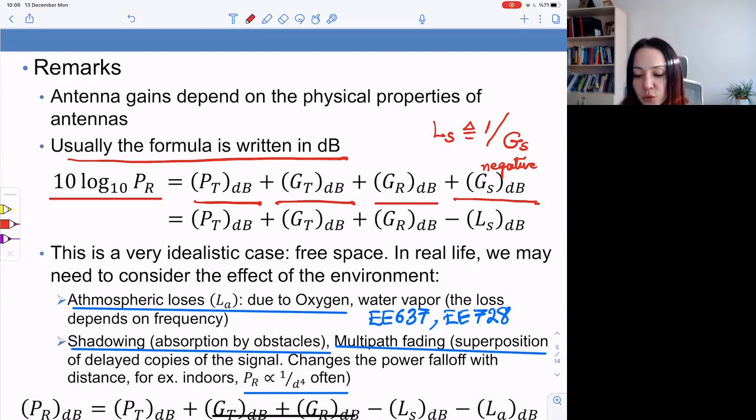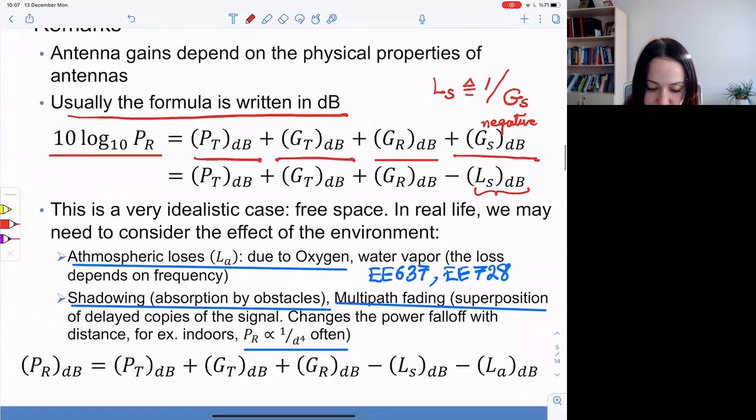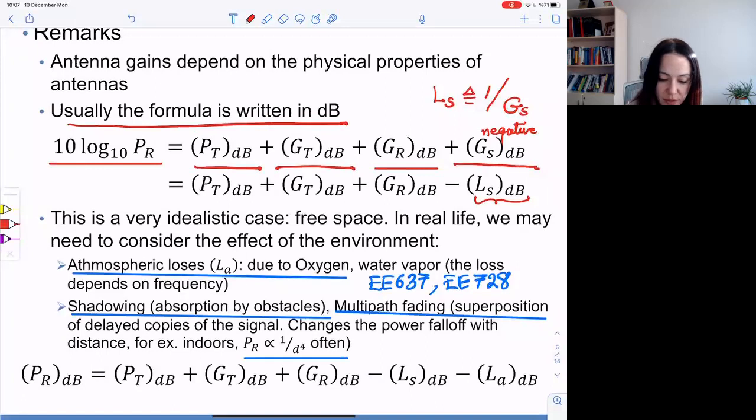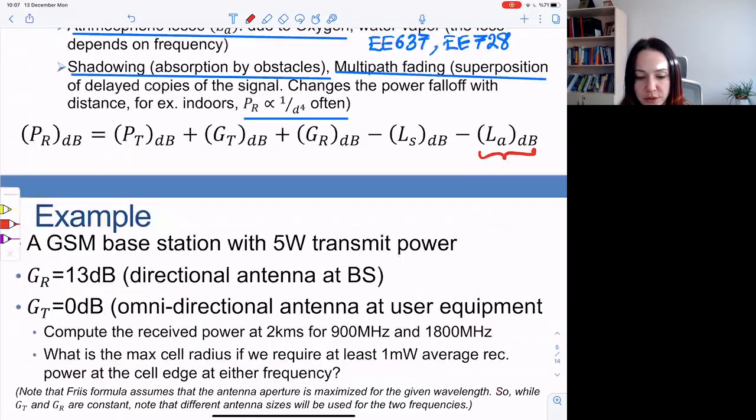If you want to see that you're subtracting a positive quantity, you can think about the free space path loss. So you understand that we call it a gain, a free space path gain, but it's negative. Now, in case we wanted to incorporate other components, we could always factor them in as further losses. So if you are given such information, you can always incorporate such information in your overall link budget.